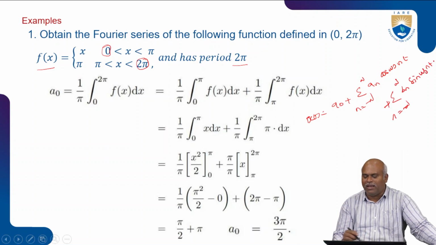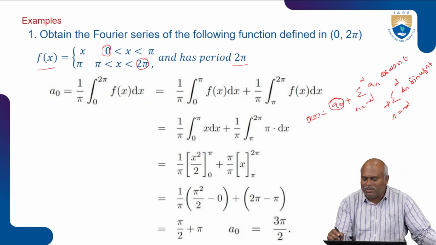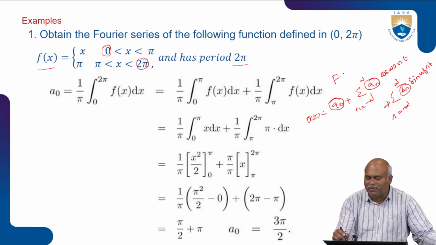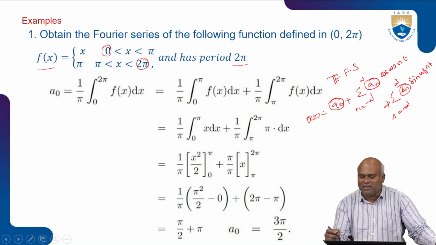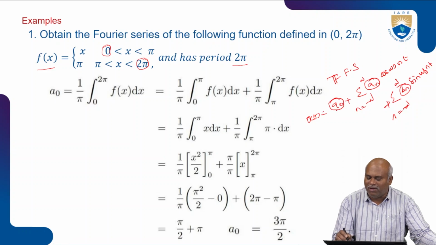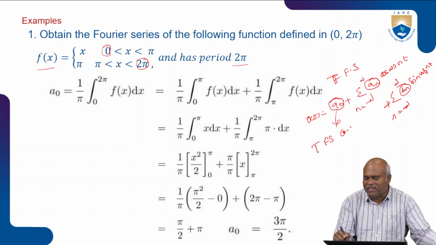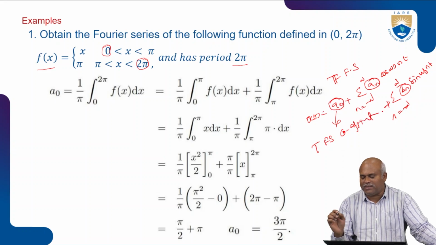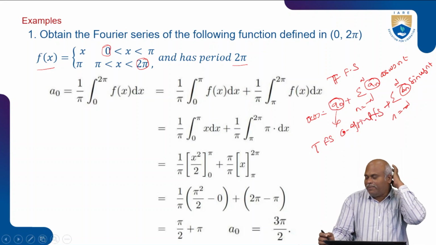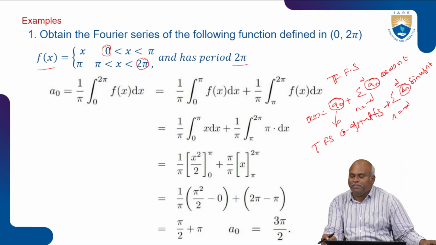So this a0, an, bn are the trigonometric Fourier series coefficients. Now we need to find a0, an, bn.